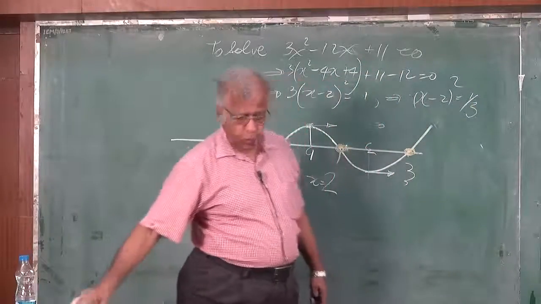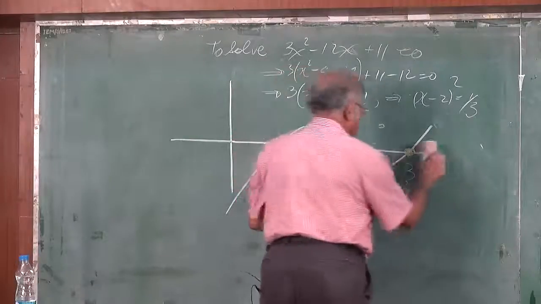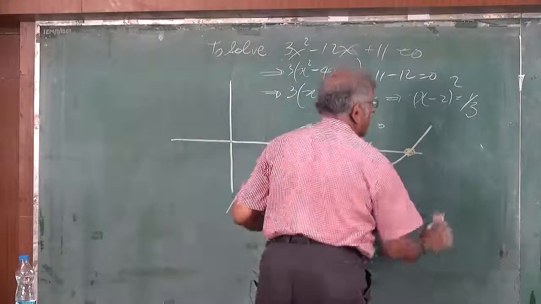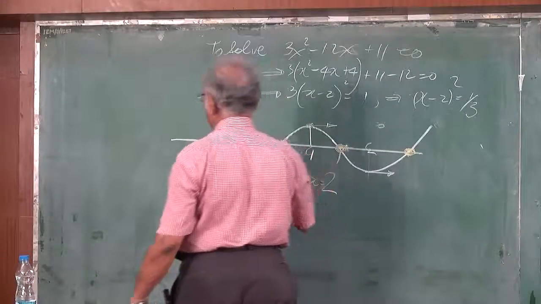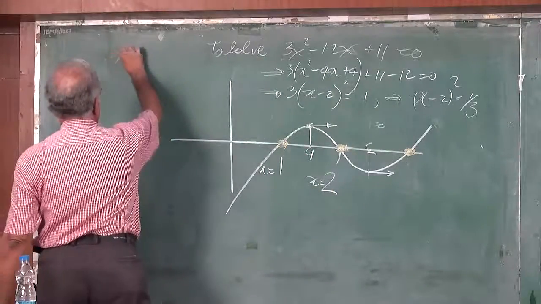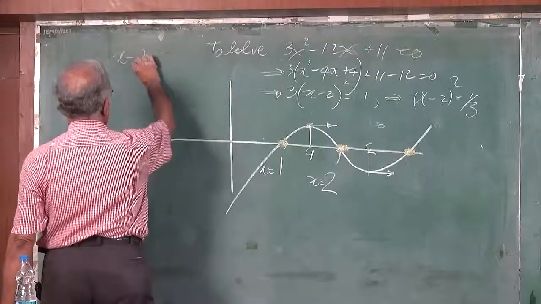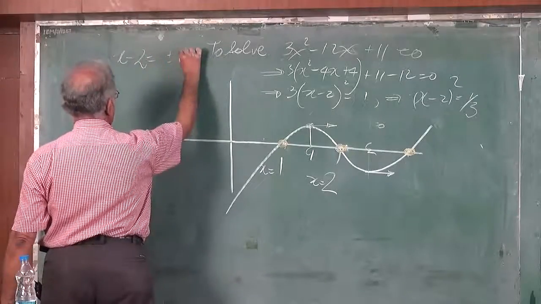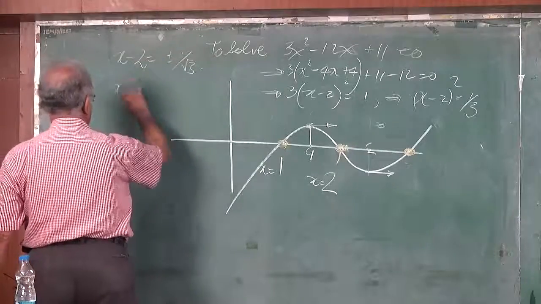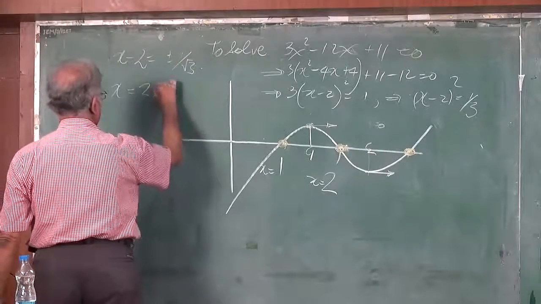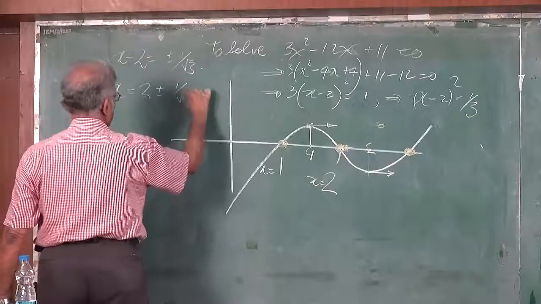If that be so, then x minus 2 is plus minus 1 by root 3. So we can write down the values as x minus 2 is plus minus 1 by root 3, which means x is equal to 2 plus minus 1 by root 3.